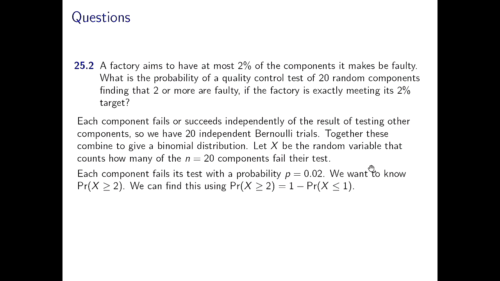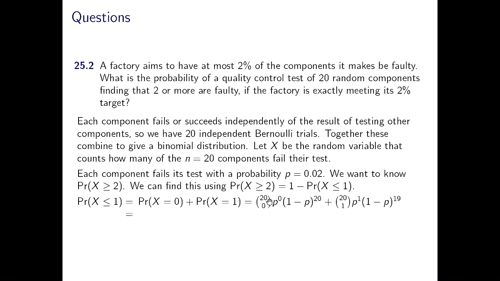So we can work this out as 1 minus the probability that X is less than or equal to 1. In other words, 1 minus the probability that X is 0 or X is 1. And now we can just sub into our binomial distribution formula, right? So the probability that X is 0 is 20 choose 0, which of course is just 1, p to the 0, 1 minus p to the 20.